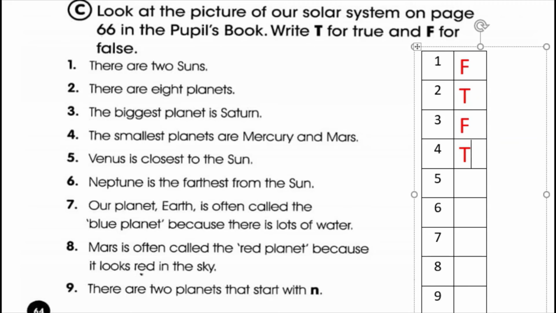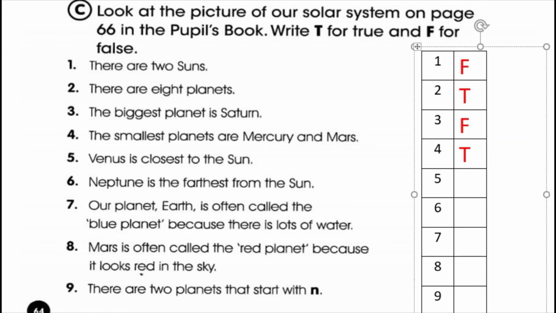Okay. For the fifth one, Venus is the closest planet to the Sun. Is that correct? Come back and check the picture. I don't think so. I think Mercury is the closest one.